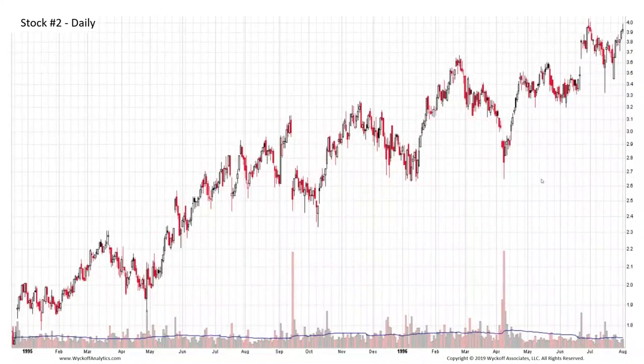Stock number 2 suggests a continuation of the uptrend. It has some short-term elements of outperformance. I like how volatility is almost out, but still, even here, this type of spike is kind of a little bit cautionary for me.